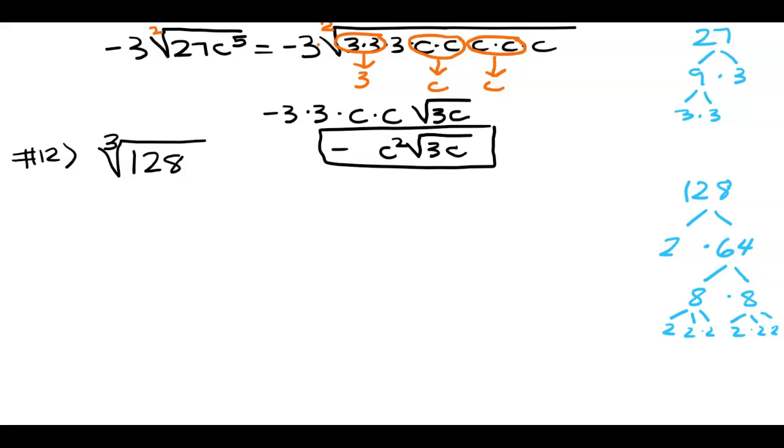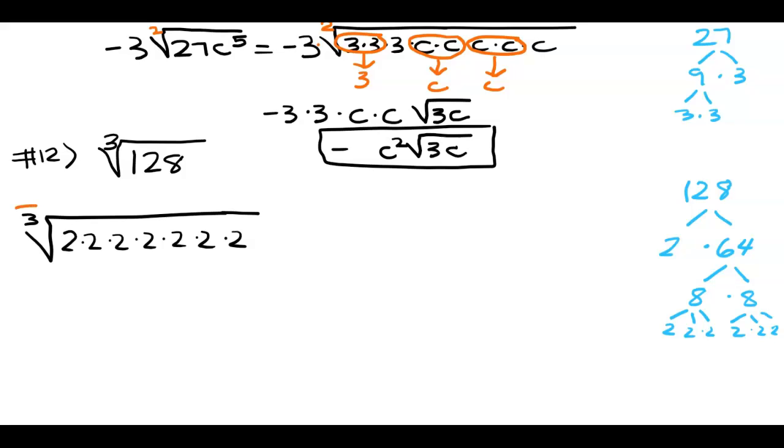So if I write that back inside, I've got my cubed root this time, and I said there were 7 2's, so that's going to be 2 times 2 times 2 times 2 times 2 times 2 times another 2. And now again, remember, since it is a cubed root, things have to come out in groups of 3.